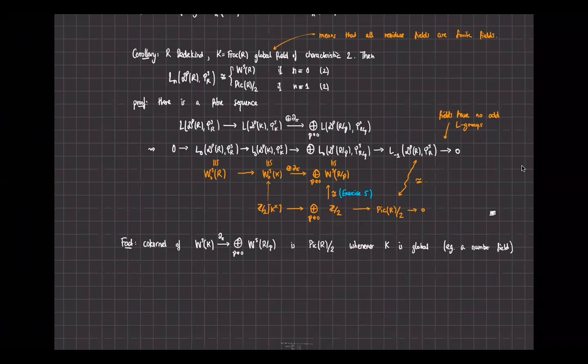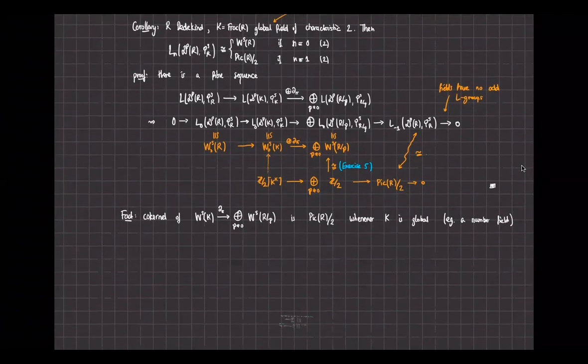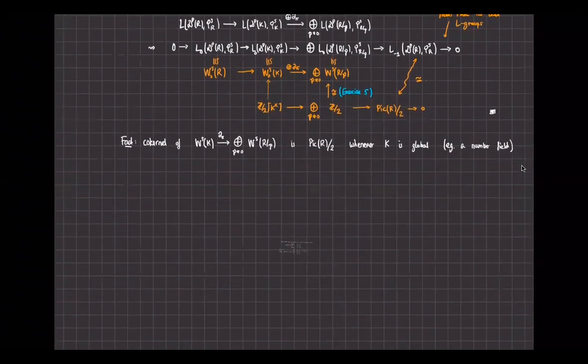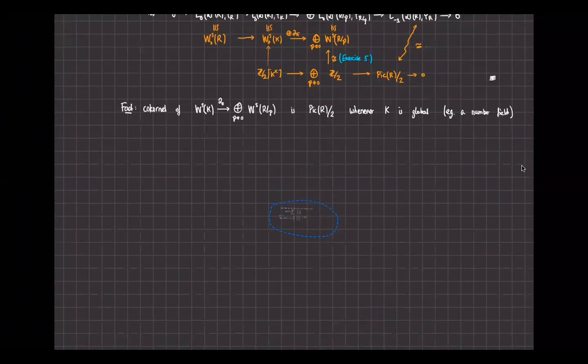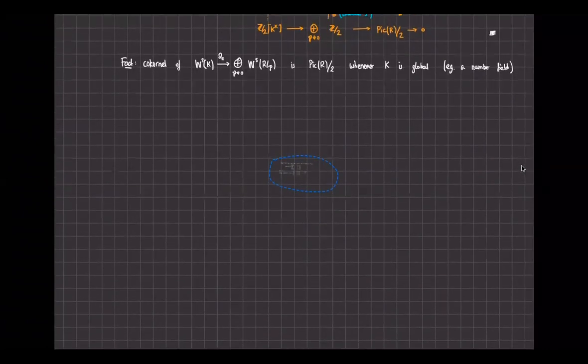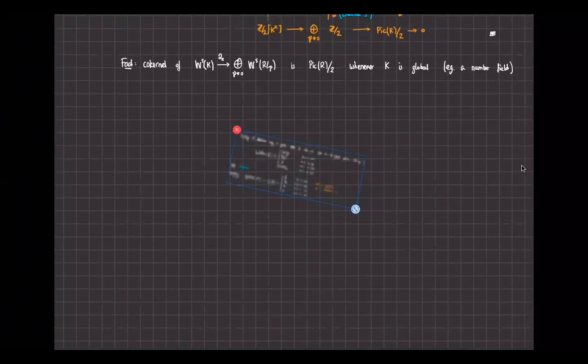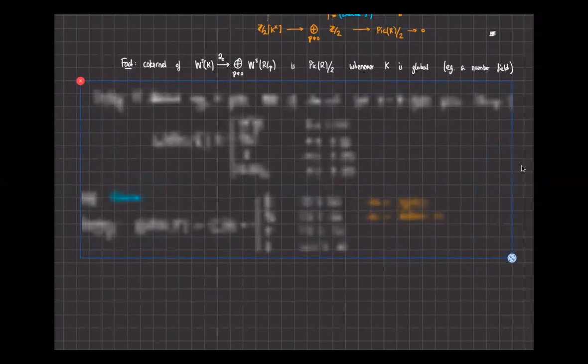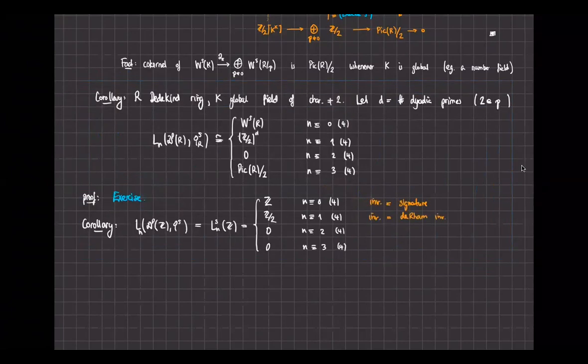And then you will have to maneuver yourself a bit more. It's just a bit more complicated in that case, but it is nevertheless still true. And we'll use that later as well. So, right, that was the case of Dedekind rings of characteristic 2 with global fraction field.